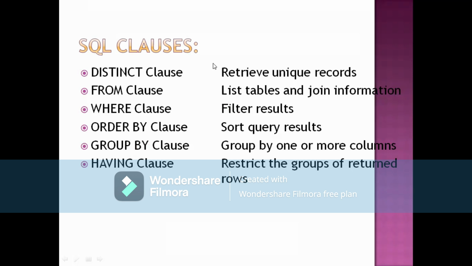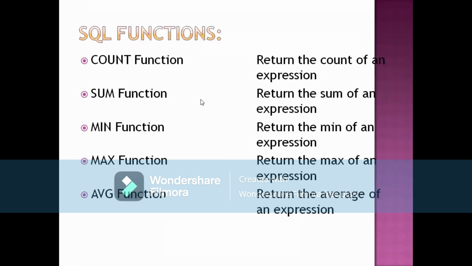And coming to the next topic, functions. So what are the functions we have? The count function. What is the main function of count? Count of an expression. Count means how many are available, the total availability.